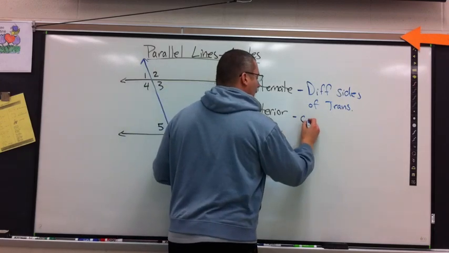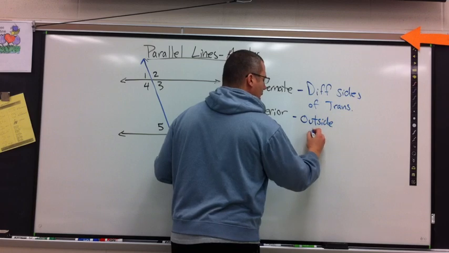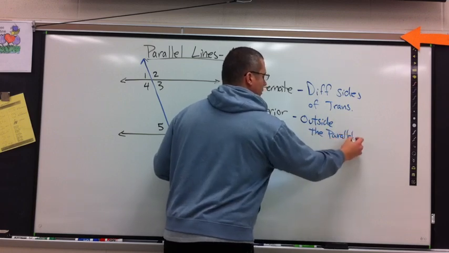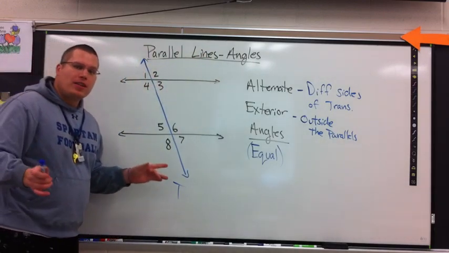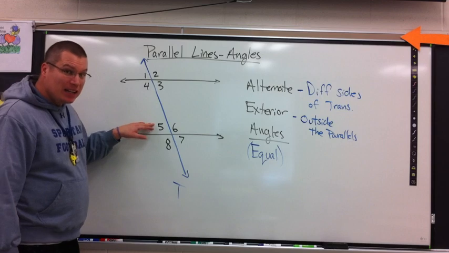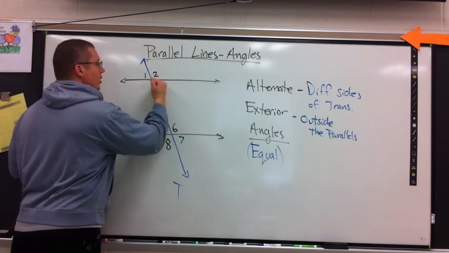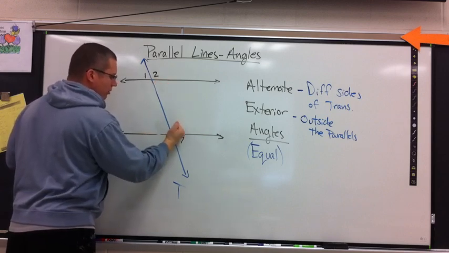Exterior, outside, like exterior paint, outside the parallels. So I'm looking for angles that are outside the parallels. Which angles can I immediately get rid of? The 4, the 3, the 5, and the 6.